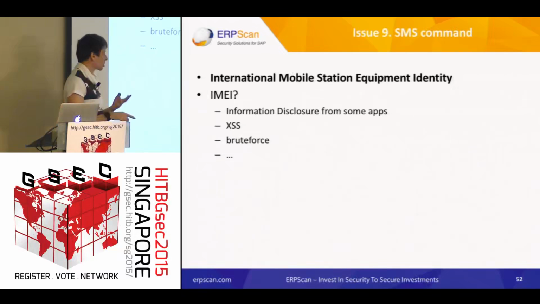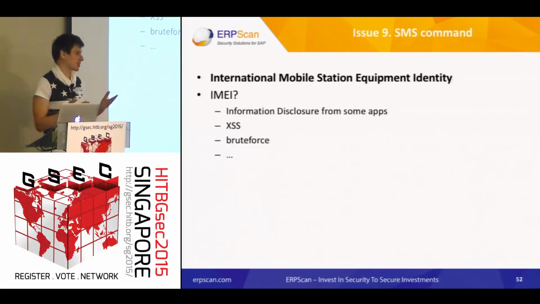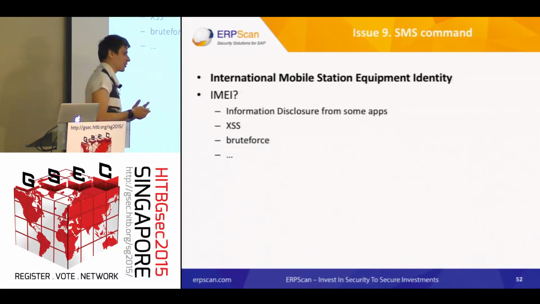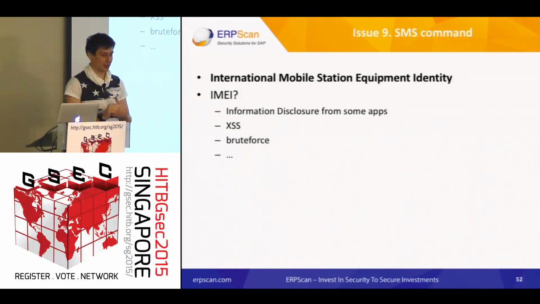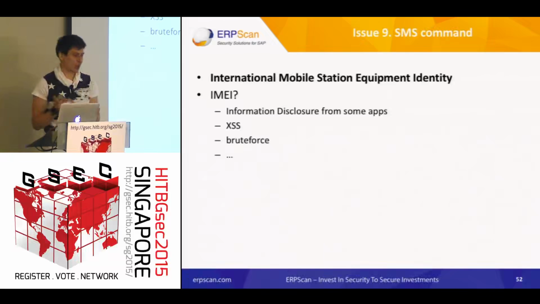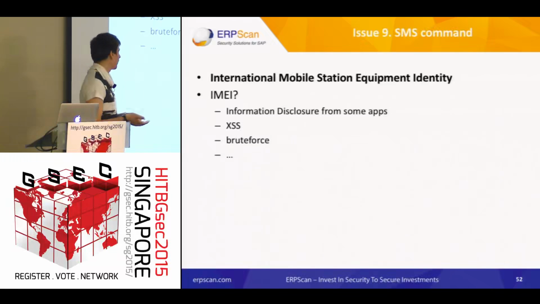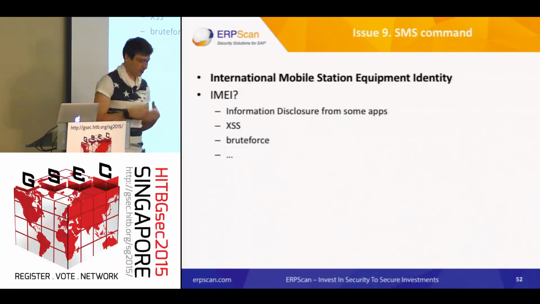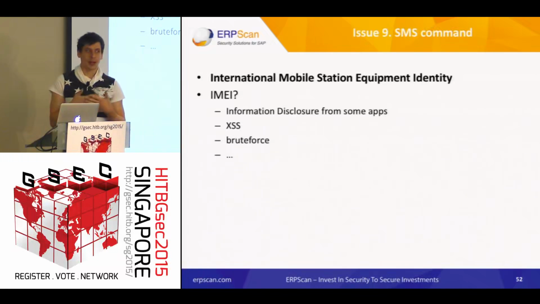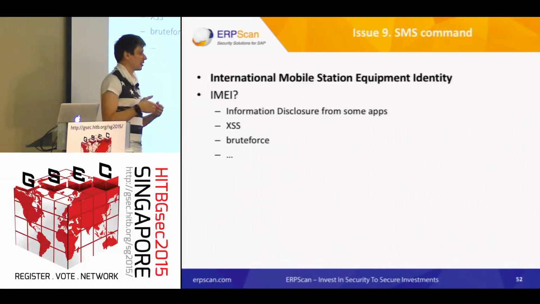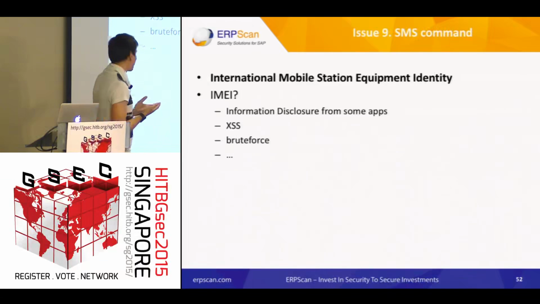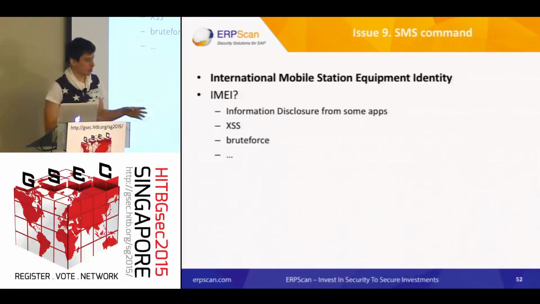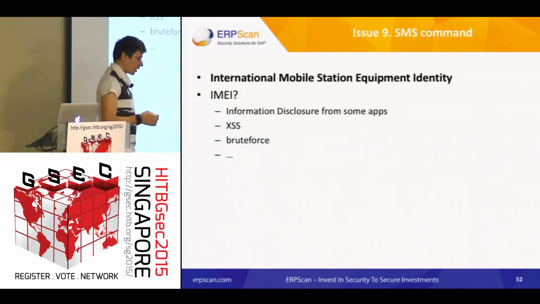For example, information disclosed from some other application installed on the employee devices, because some of them can transmit the IMEI through an unsecure HTTP request to a server, and an attacker can tamper with this information. Next, vulnerabilities in SAP Afaria, for example XSS vulnerabilities. I will use exactly this way in the next demo.